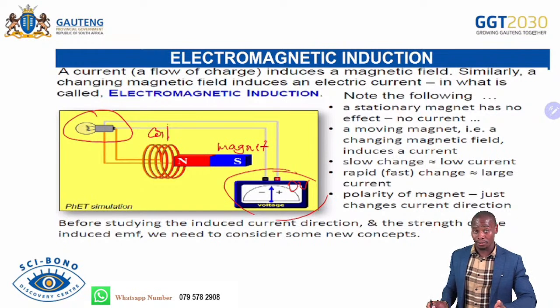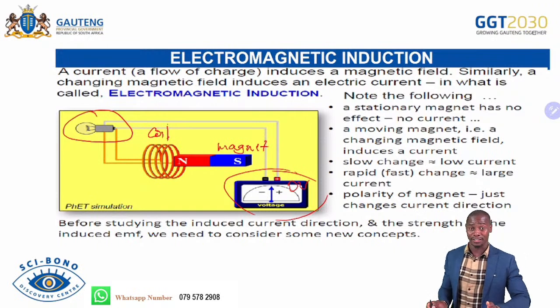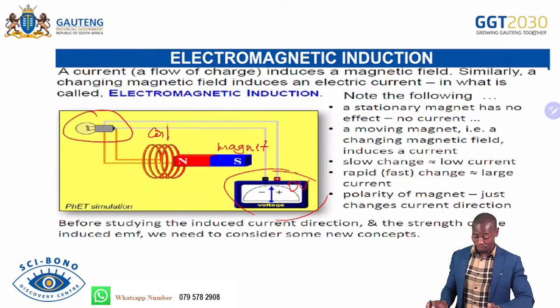And that is what we call electromagnetic induction. You can't talk about electromagnetic induction if there is no relative motion between the coil and the magnetic field. So when do we talk about electromagnetic induction? It's when the coil and the magnetic field are moving relative to each other, which is either the coil moving and the magnetic field stationary, or the magnetic field moving and the coil stationary.